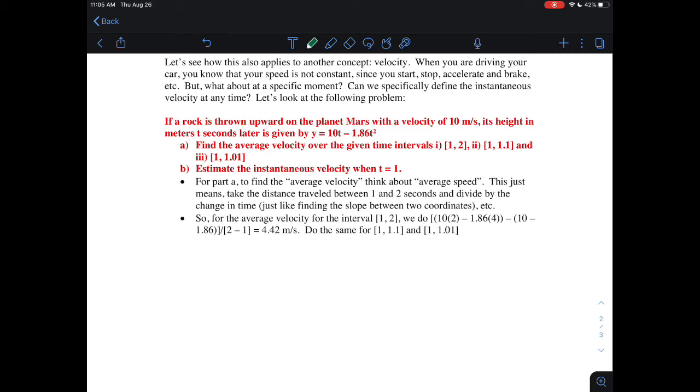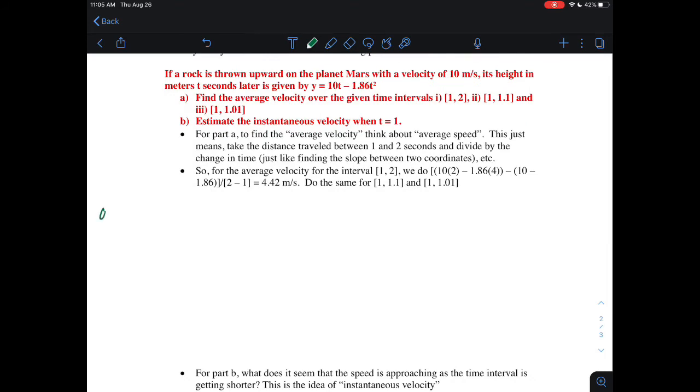So we're going to start with finding the average velocity first. For part A, to find the average velocity, think about average speed. This just means take the distance traveled between 1 and 2 seconds, and then divide by the change in time, just like finding the slope between two coordinates that we did previously.